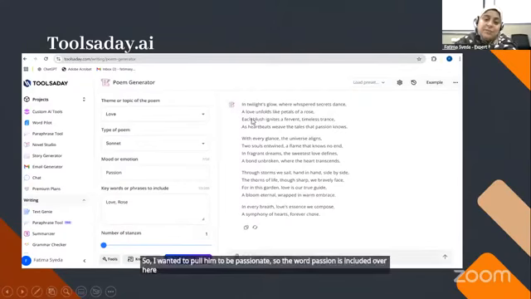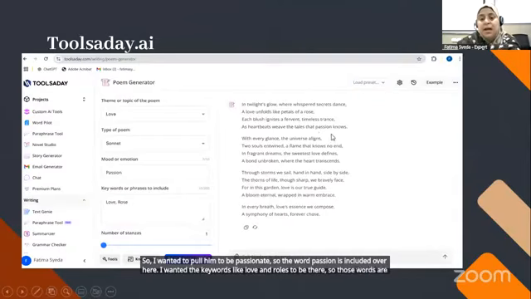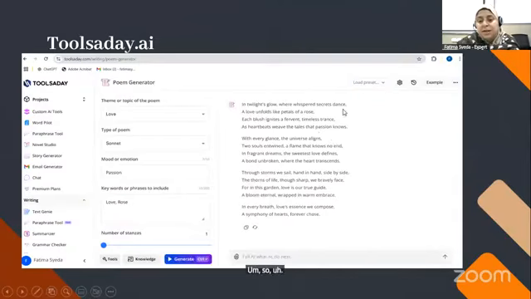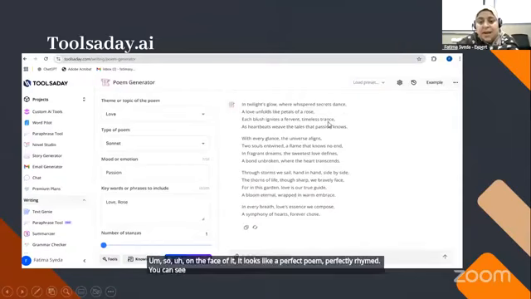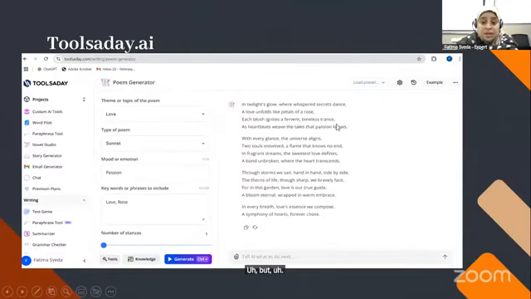I wanted keywords like love and rose to be there, so those words are included. On the face of it, it looks like a perfect poem, perfectly rhymed. You can see dance and trance, and rose and knows. It creates some kind of impression, but the difference is there.